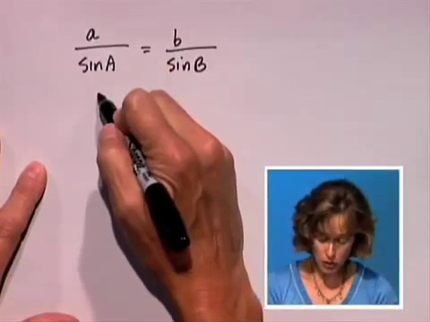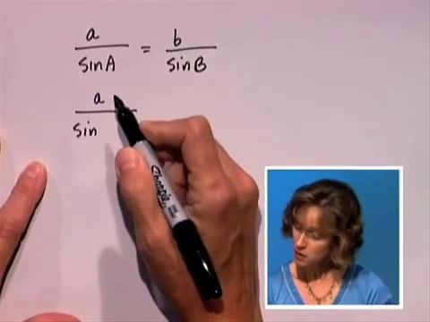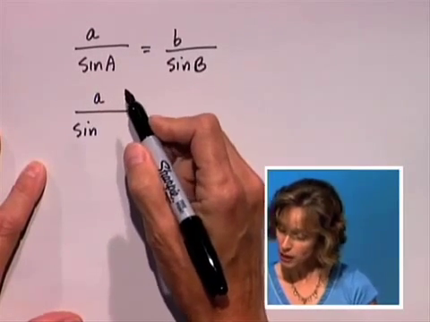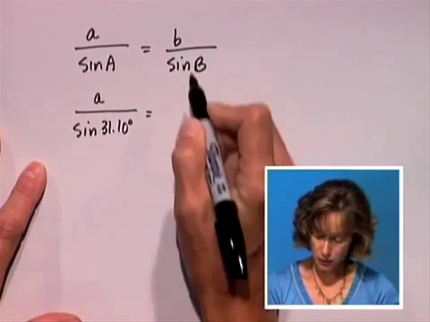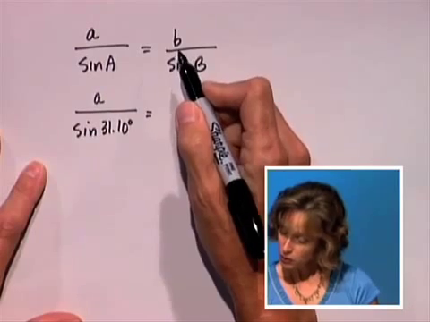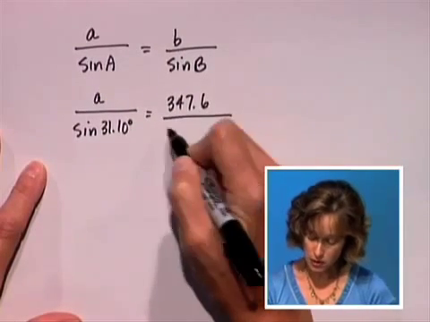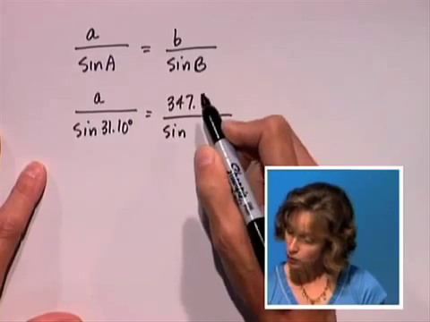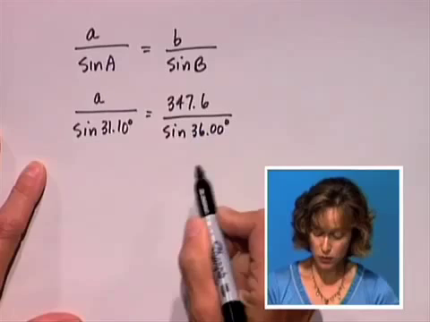Well, I'm looking for side A, but I know angle A is, actually, angle A is 31.10 degrees. Side B I know is 347.6 feet, and angle B is 36 degrees. We just solved for that.